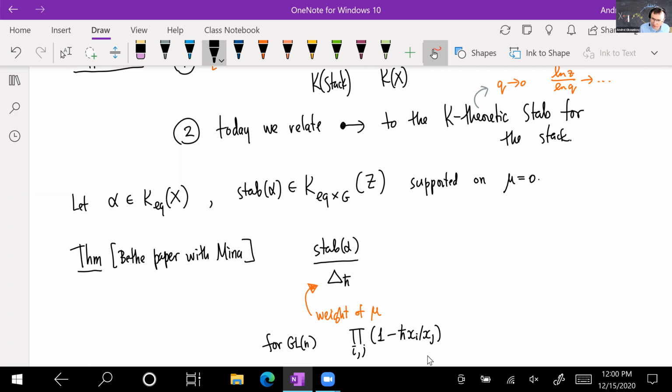These are the weights of the adjoint representation, and this is h bar because that has weight h bar. And if I stick this into the relative, then this is the same as if I just stick alpha into the tube.